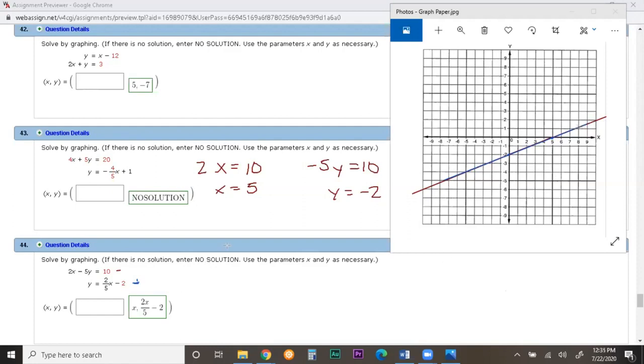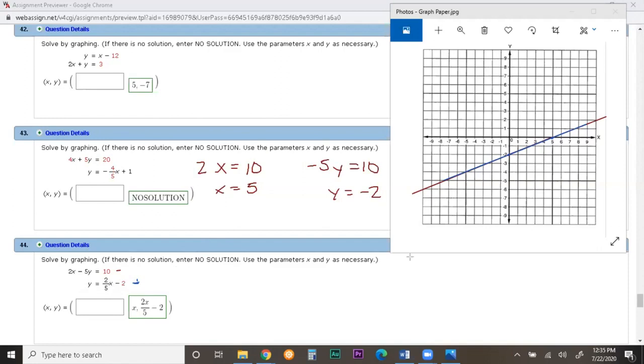When it's the same line, it is infinitely many solutions, but we need to find the ordered pair for that. The way that we do that is we put one of our equations in the form of y equals mx plus b. And here we see that the second one is already in that form.